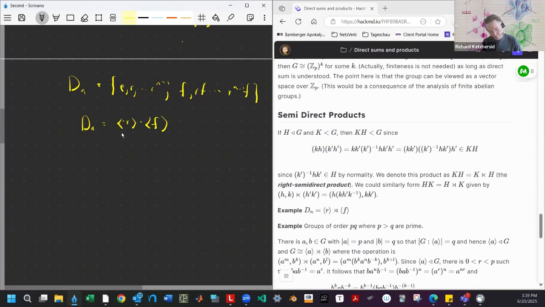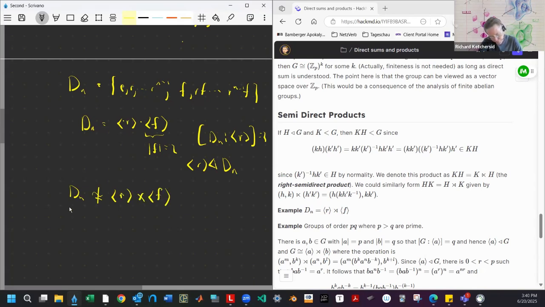This subgroup has size 2, and from an earlier theorem, the subgroup of R is a normal subgroup in D_n. But we're not in a situation where these things commute with each other, so D_n is not isomorphic to R cross F as groups. It is not true, so this is a good example where that's not true.